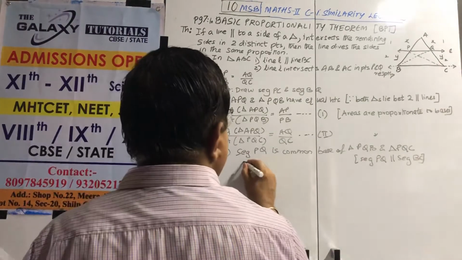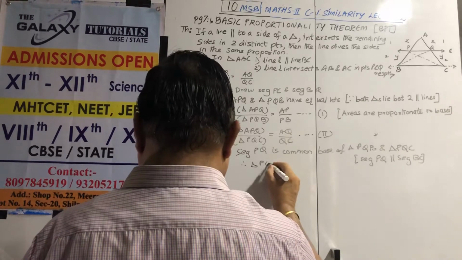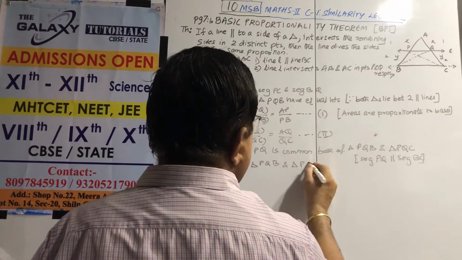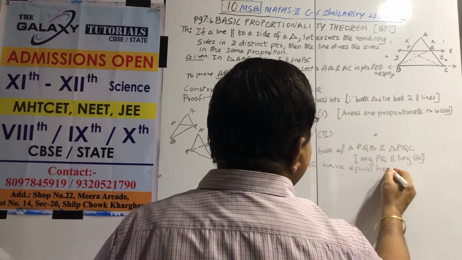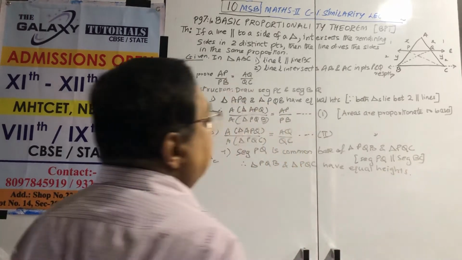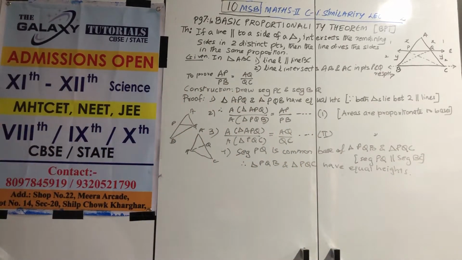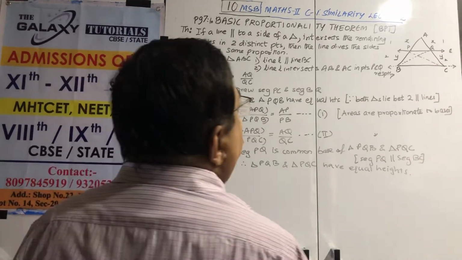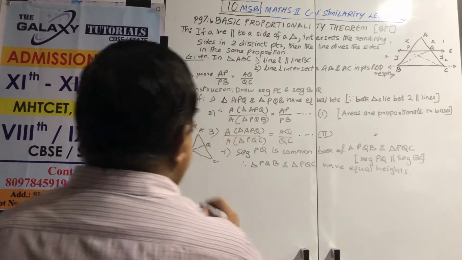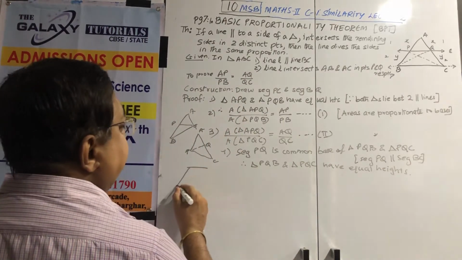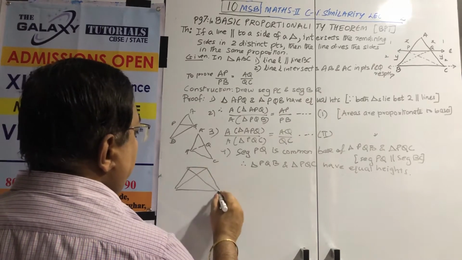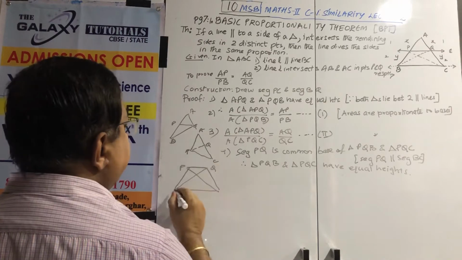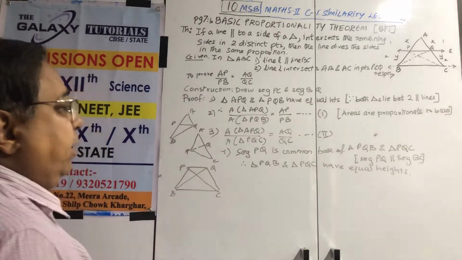Therefore, triangle PQB and triangle PQC have equal heights. So which triangles are we taking? PQB and PQC. Now we are taking these triangles. We are not looking at the others. We are again between the 2 parallel lines.